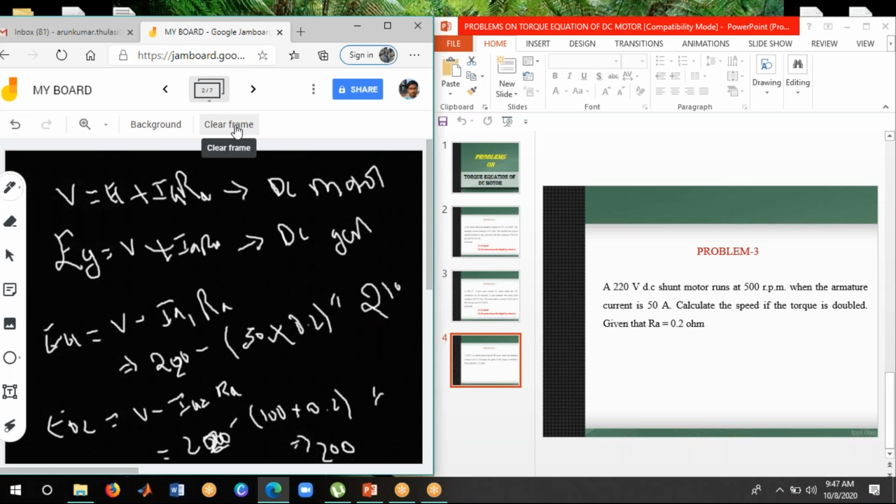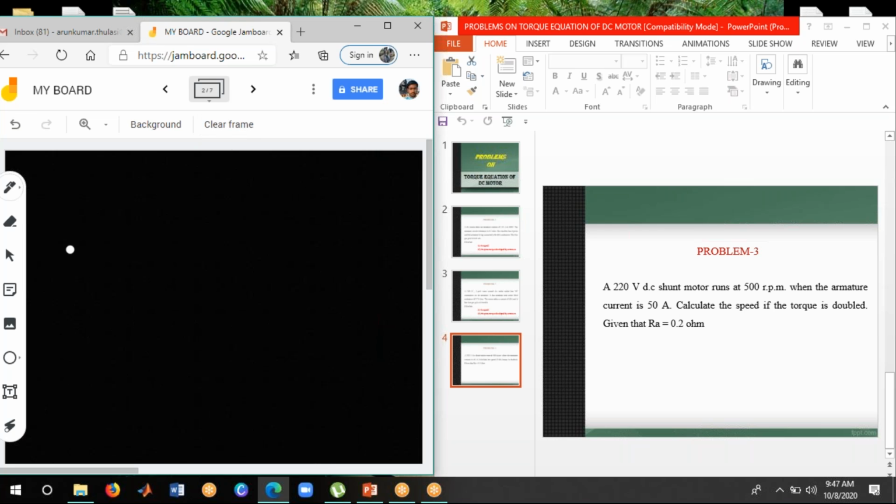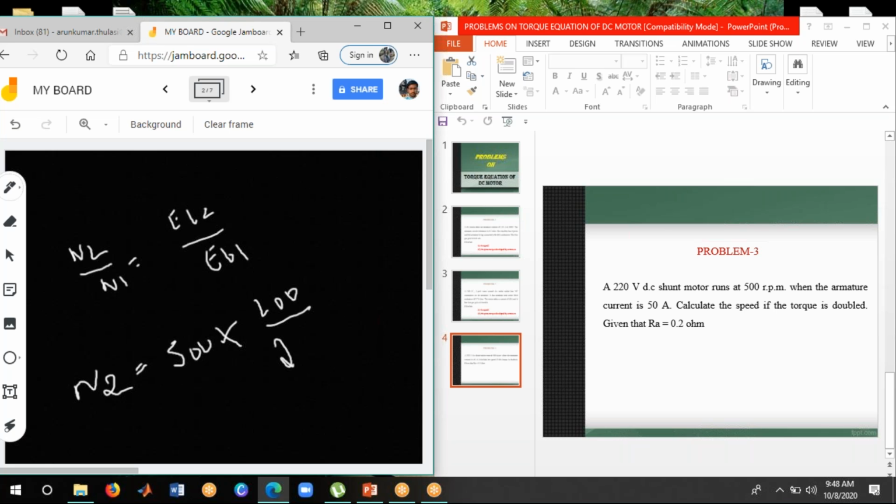Okay, now by using this relation we need to find the speed in the second condition. So N2 divided by N1 equals EB2 divided by EB1. Now we need to find the N2 value. So N2 equals N1, which is 500, into EB2, which is 200, divided by 210.